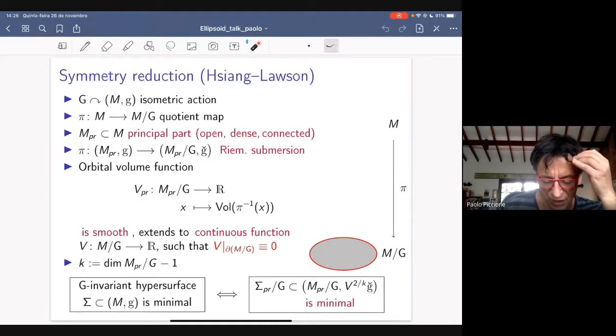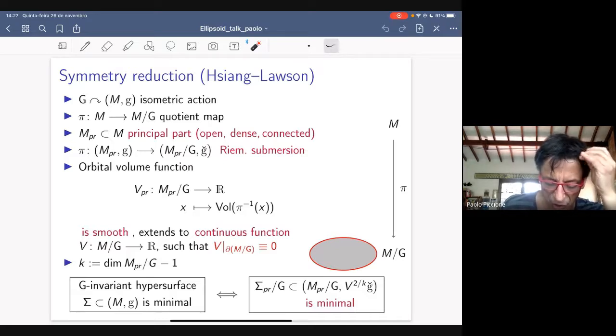Okay, then you consider the quotient of the principal part of M by the group G, the function that assigns to each point the volume of its orbit. Well, I'm sorry, the volume of the corresponding orbit, that is of pi inverse of x, okay?